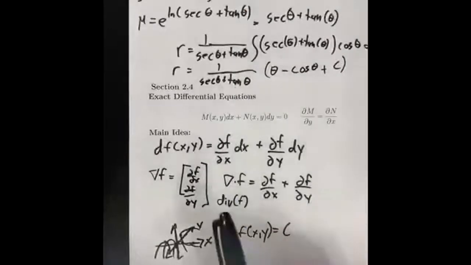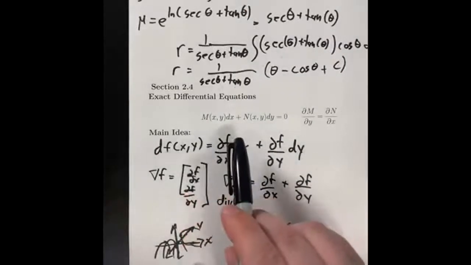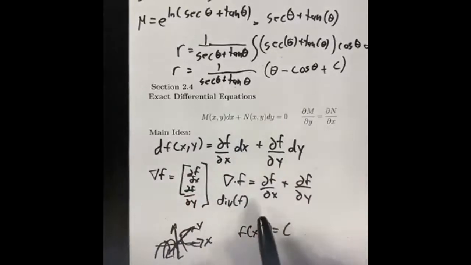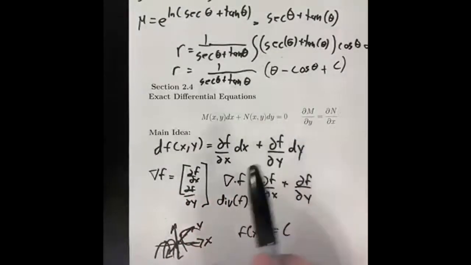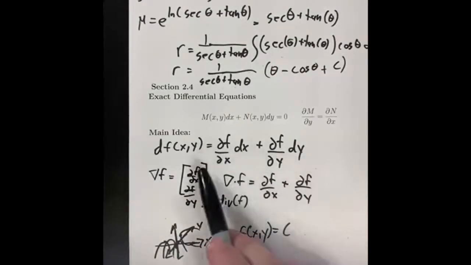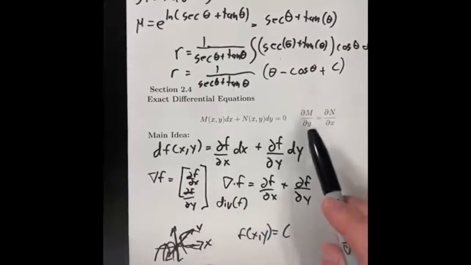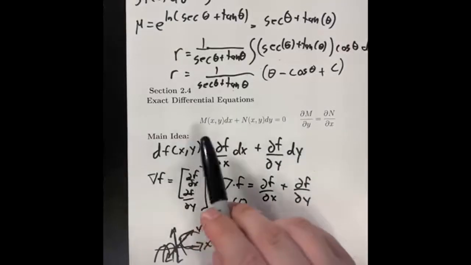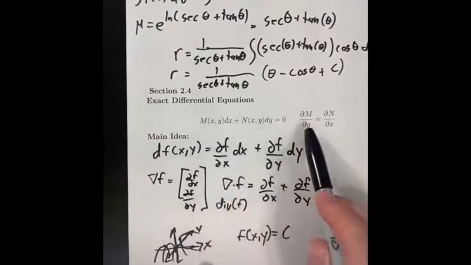One other thing to notice is that anything of this form is not necessarily an exact differential equation. It's an exact differential equation when it satisfies something like this. The way we know if there is an f like this is to test it with this equation here. We take the partial derivative of m with respect to y.